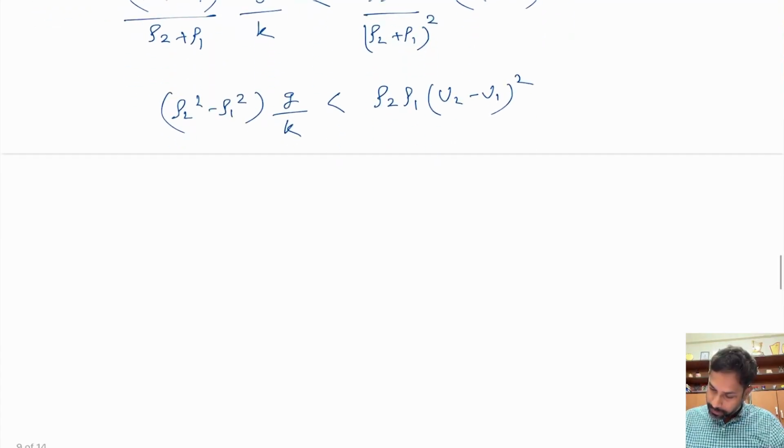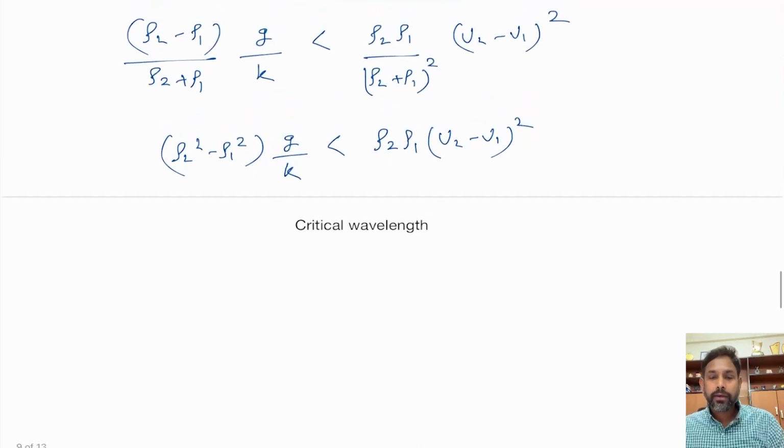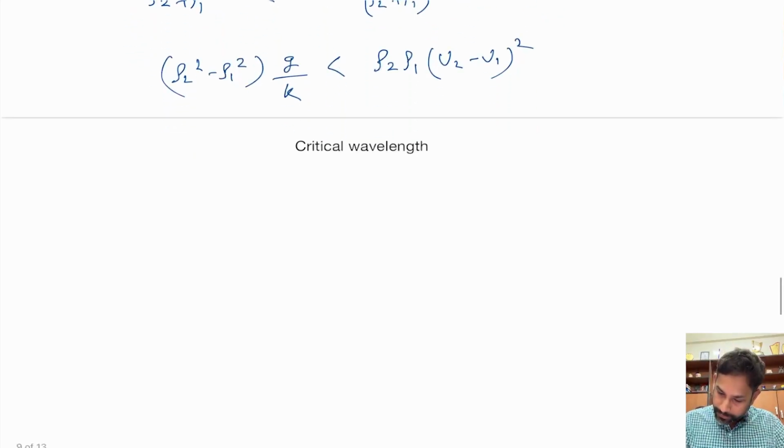Now from here we can try to find a critical wavelength below which the system is always unstable and beyond which the system is always stable. If you recall, K is defined as 2 pi over lambda.